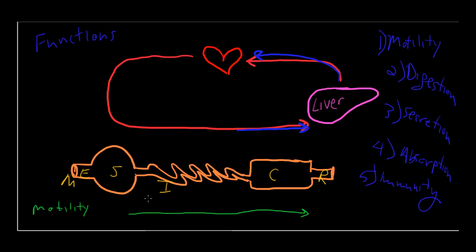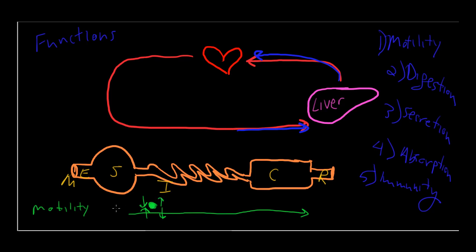There's a high pressure from one end, and throughout the movement, particularly where the food is, when the food is chewed, it's called the bolus. So where the bolus is, let's call this a mass of food that we just chewed, there's a contraction of smooth muscle on one side of the bolus and the relaxation of smooth muscle on the other side of the bolus.